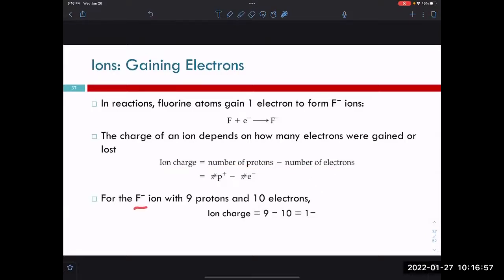So for F, fluorine ion, which always has 9 protons, and we gained 1 more electron. So in the neutral form of fluorine, it has 9 electrons. But when we give it 1 more, we have 10 electrons. So we get 9 minus 10 for a 1- charge.